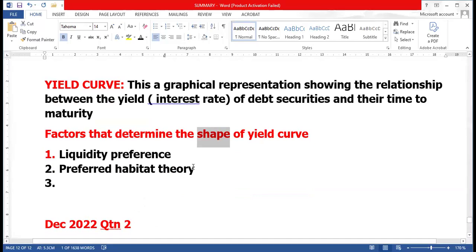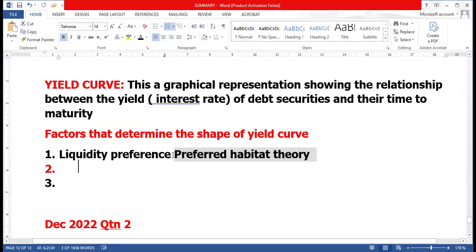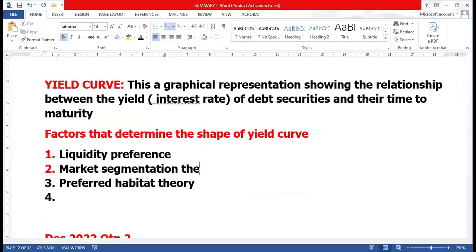Okay, before you even look at the preferred habitat, there is always that factor around the market segmentation theory as another factor. This theory argues that the bond market is divided into distinct segments based on maturity, and each segment is influenced by its own supply and demand conditions.